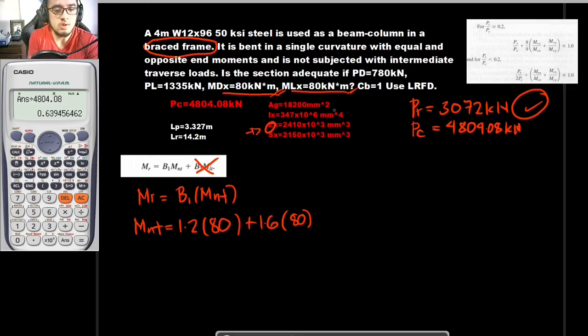Same sila, no? So there, our answer here would be 224 kilonewton meter. Or pwede ding 1.4 dead load, so 1.4 times 80, that is to be 112. But as you can see here, this is less than 224, malayong-malayo yung sagot natin sa 224. So this 224 right here would govern.